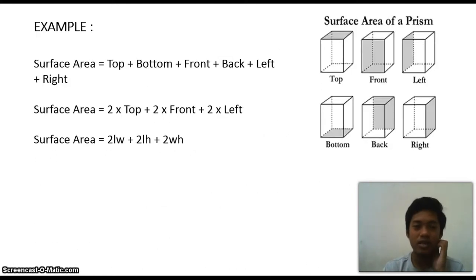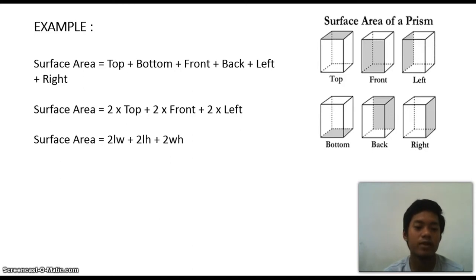And this is one of the examples on how to calculate the total surface area of the rectangular solid. Surface area equals top plus bottom plus front plus back plus the area of the left of the rectangular solid plus the area of the right of the rectangular solid.